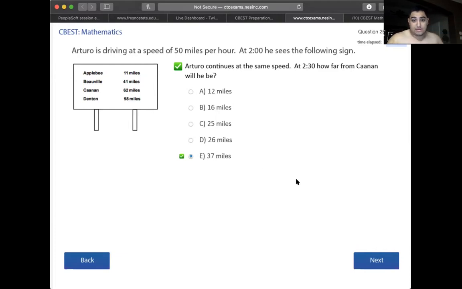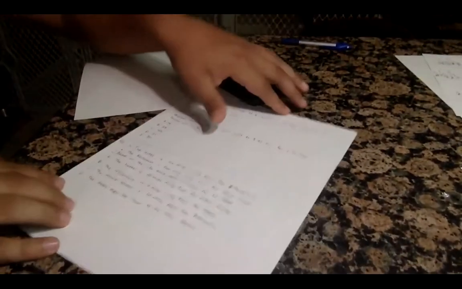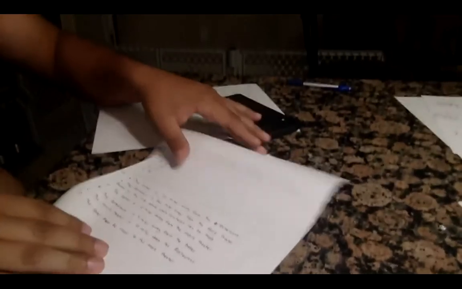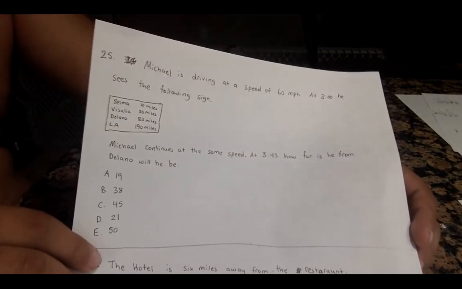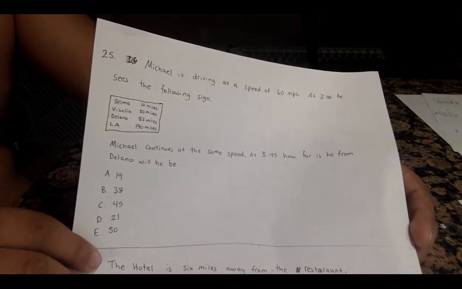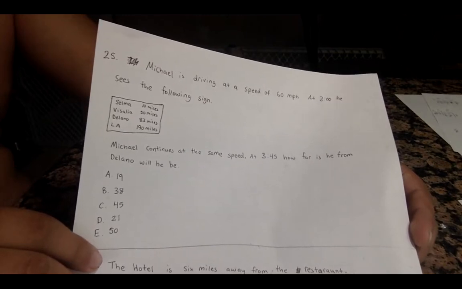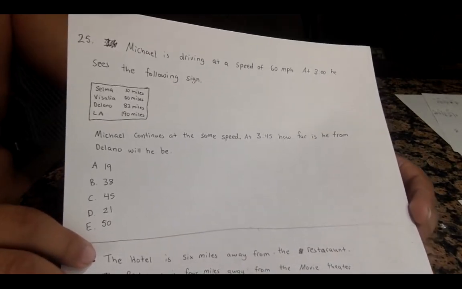Okay, now I did a different problem. Okay, let me see real quick. I did a different problem. Michael is driving at a speed of 60 miles an hour. At 3, he sees the following sign. From Salma, he's 10 miles away.